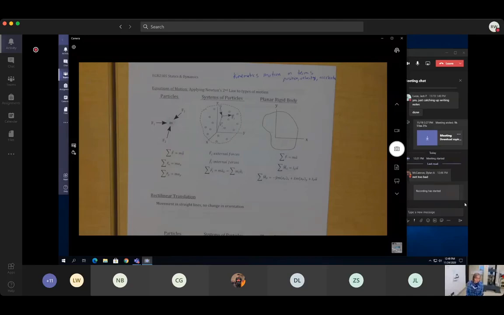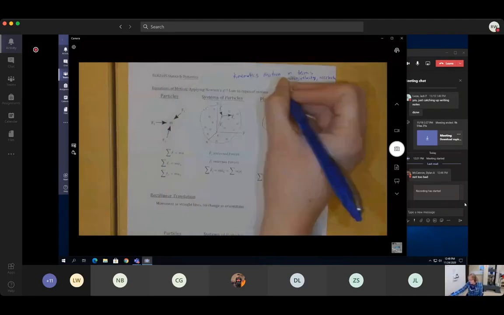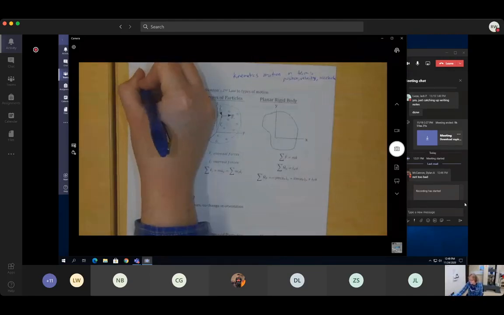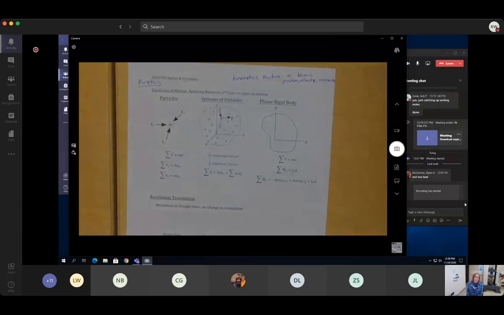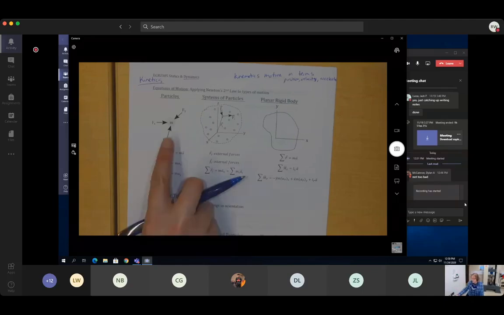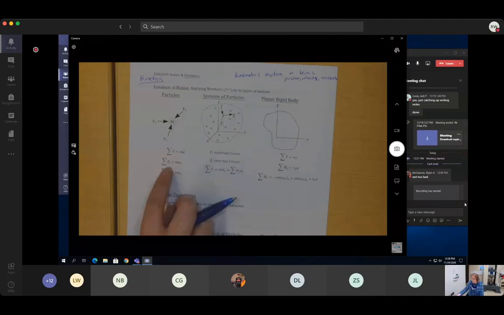So we're starting with dynamics or kinetics, which essentially means applying Newton's second law to motion. As we're working through this, we're going to be looking at three different types of setups. So we'll look at particle motion as a result of forces.